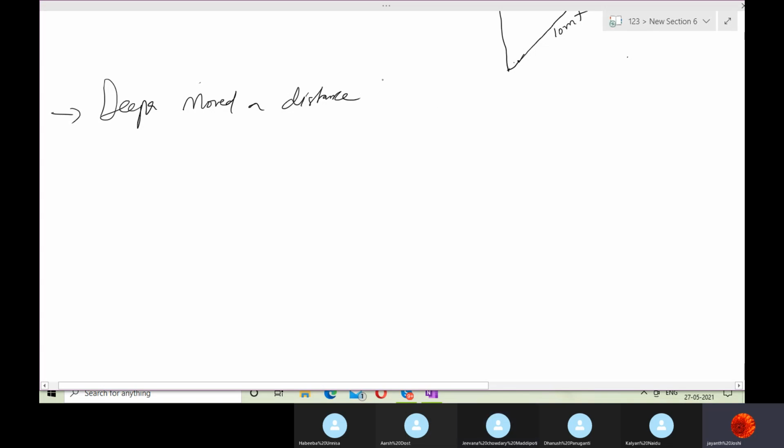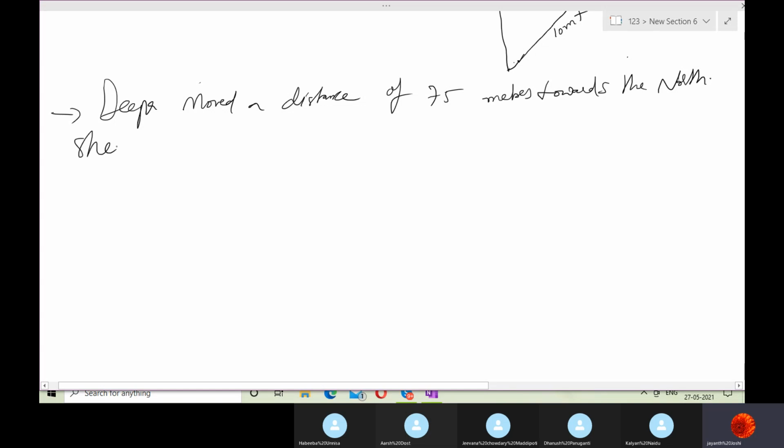Deepa moved a distance of 75 meters towards the north. Stop.